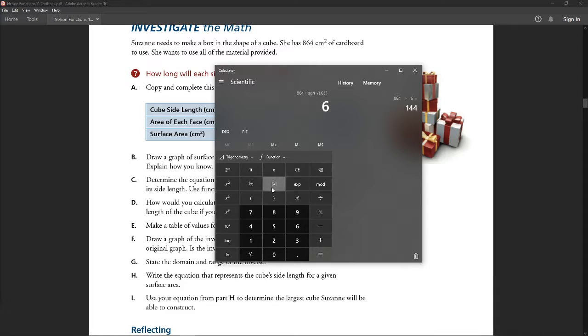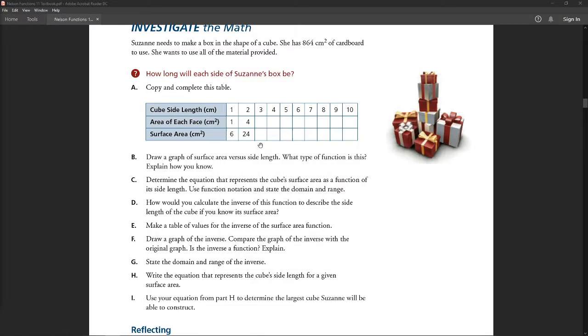It's 100. Well, okay, I know it's 12, but I need to figure out how to square root something here. Isn't that square root? Oh, yeah. Didn't I press that last time?